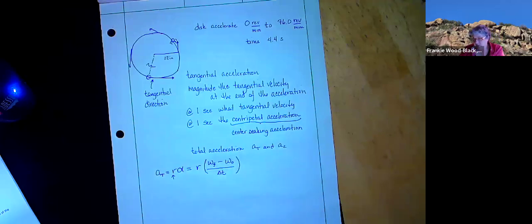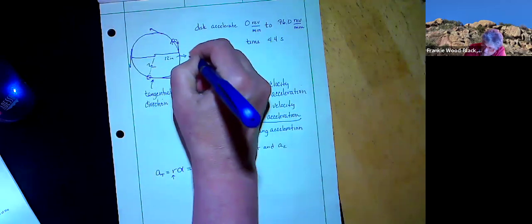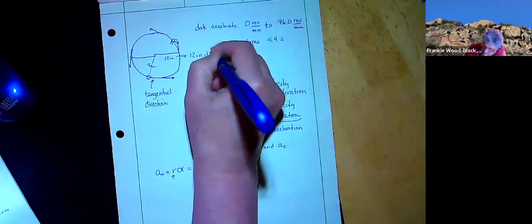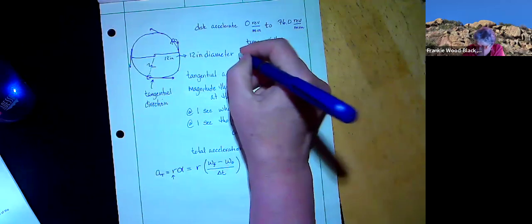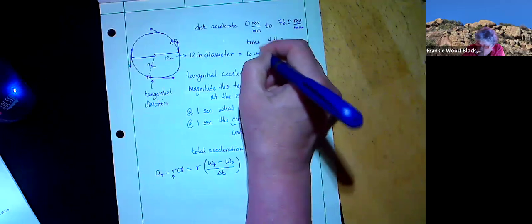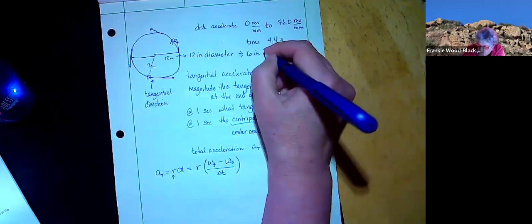So we've got a few things to worry about here. Now, I made a mistake. This says 12 inches in diameter, and if I have 12 inches in diameter, that means I'm going to have 6 inches in radius.